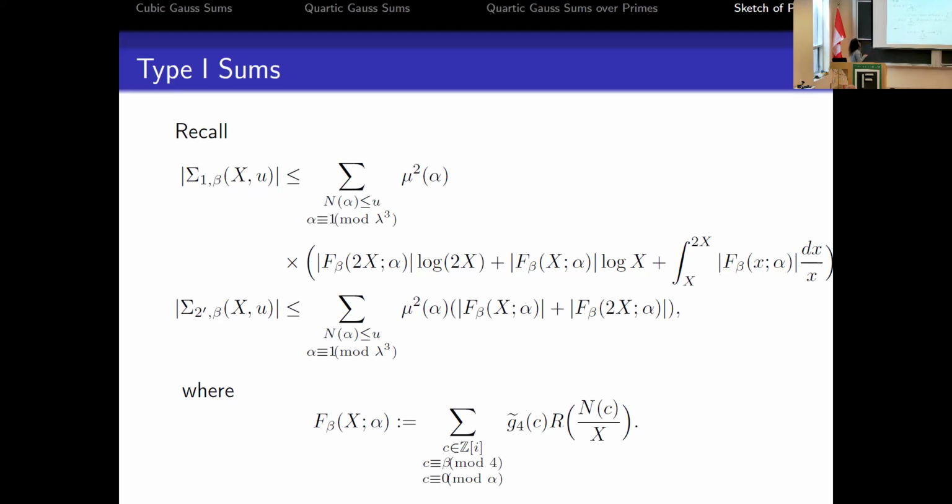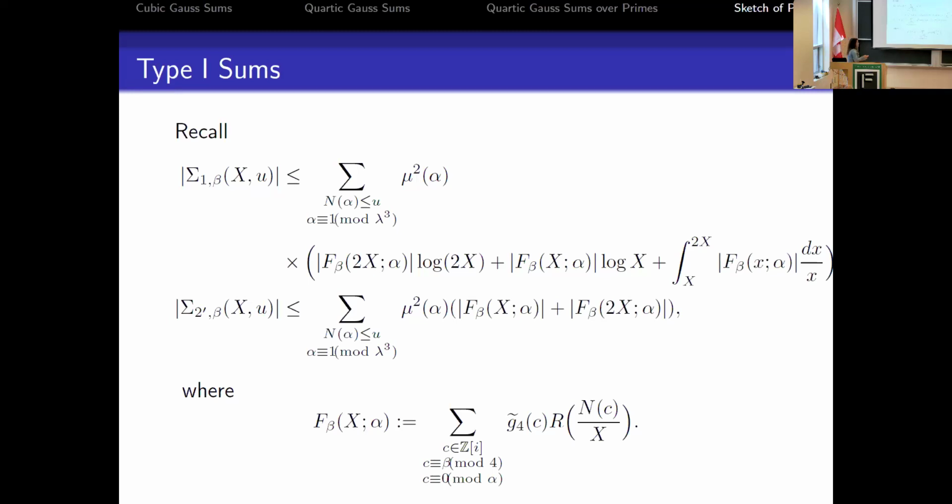So the type 1 sum here. Again, as I showed in a previous slide, estimating the type 1 sums boils down to estimating some partial sums like that, so partial sums of quartic Gauss sums over all integers, essentially.